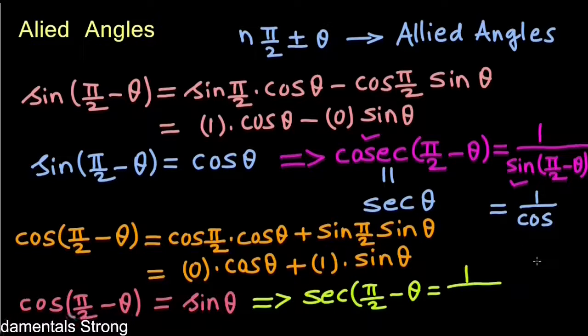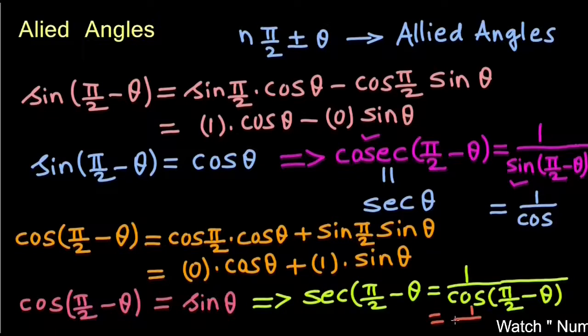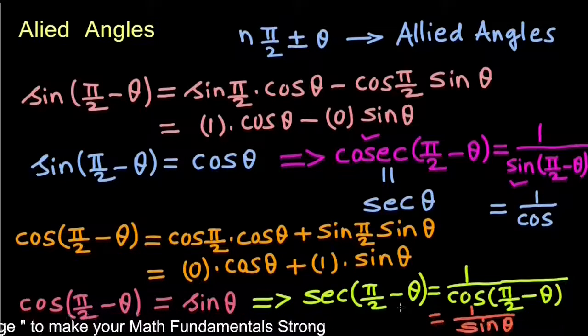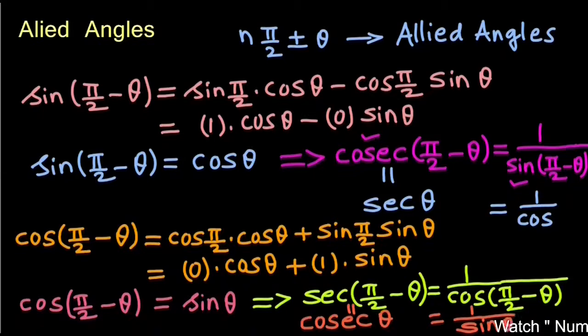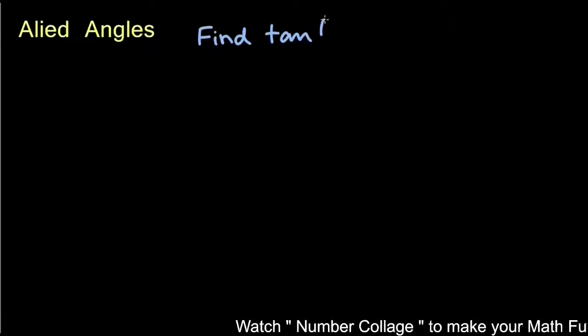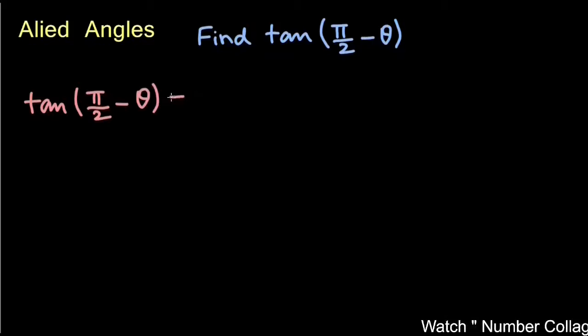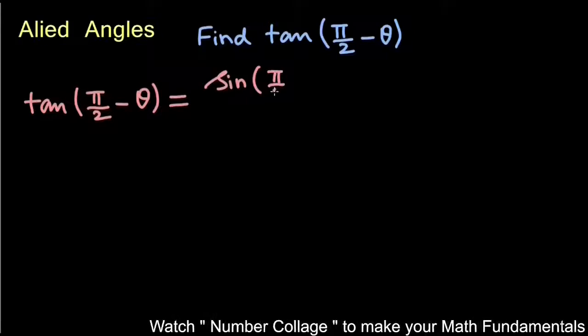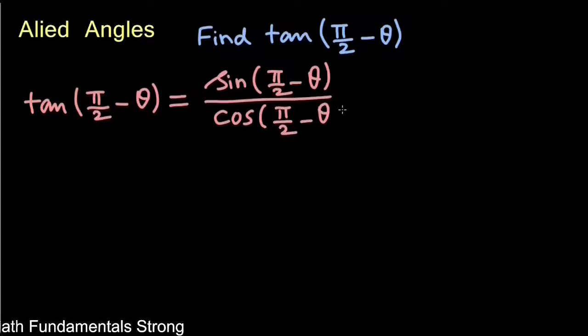equals 1 upon cos pi by 2 minus theta. That will be 1 upon sin theta. Therefore, sec pi by 2 minus theta will be cosec theta. Find tan pi by 2 minus theta. Tan pi by 2 minus theta will be sin pi by 2 minus theta upon cos pi by 2 minus theta.